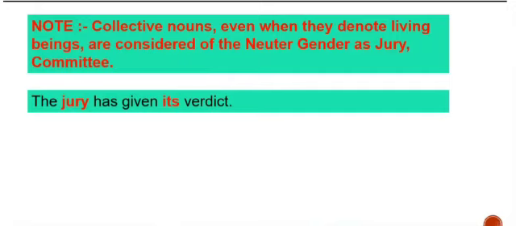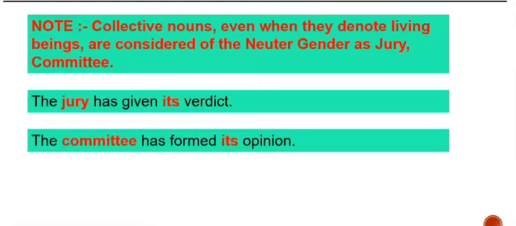Jury is a collective noun. That's why we say the jury has given its verdict. Similarly, committee. The committee has formed its opinion. We do not say the committee has formed his or her opinion. Committee is a collective noun and here it is considered as a neuter gender.